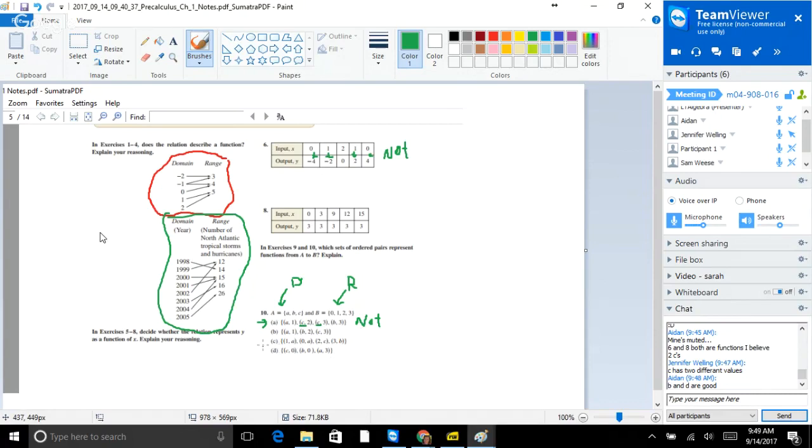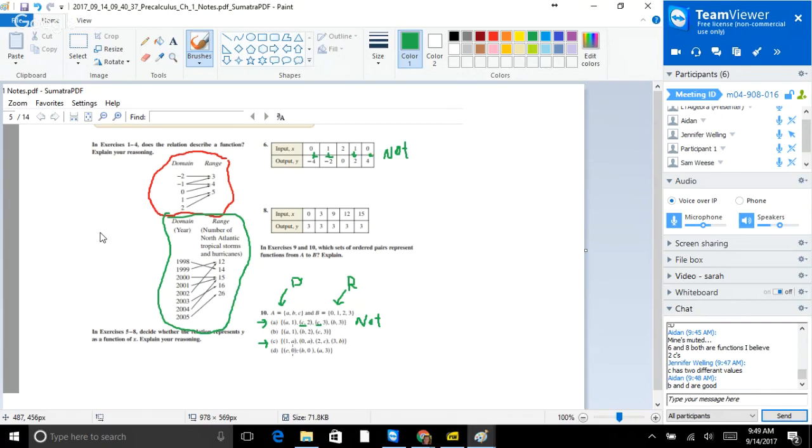All right, what's up with C? Function or not? Yep. Why is that? There are 2 A's.